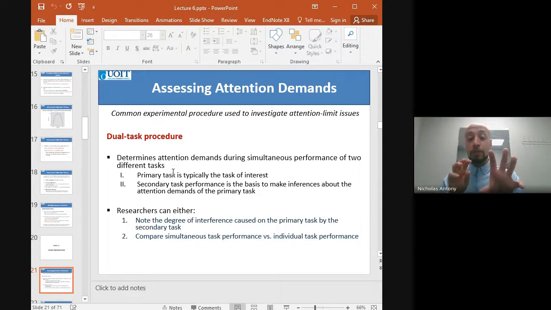And then you're going to complete two tasks at once and see if the performance of the first task while performing the secondary task changes. So maybe it is the same, or maybe the performance of the first task decreases. That means that you were unable to multitask completely, doing both at once. So that's a way to assess the demands of the second task and whether or not it would affect the first task. Does that make sense?